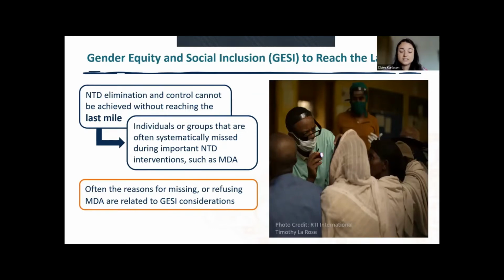NTD infection risk and experiences with morbidities can also be shaped by GESI-related factors. NTDs disproportionately impact and disadvantage vulnerable groups, such as women in some settings, ethnic or religious minorities, or transient populations, due to biological and sociocultural reasons that influence their exposure to NTD infection, disease risk, and access to care.